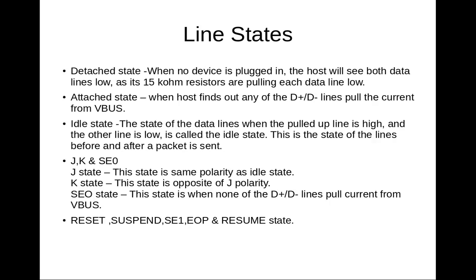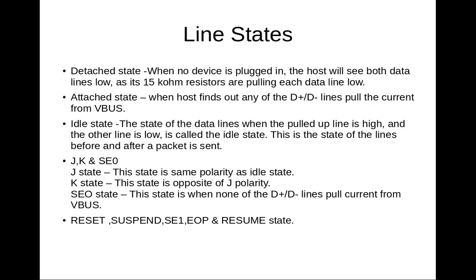That means the device is ready to initiate any transfers. This state of lines is before and after a packet is sent. So whenever there is an idle state, only then we say, okay, device is ready, so you can send the signal. And we have something known as JK and single-ended zero.